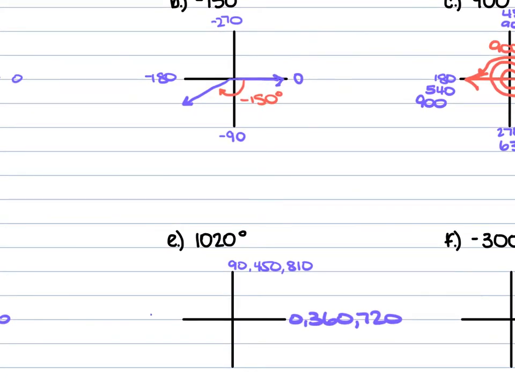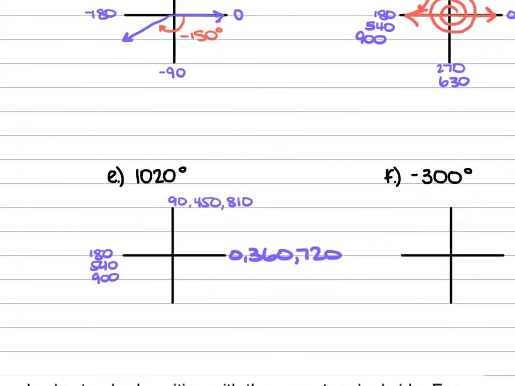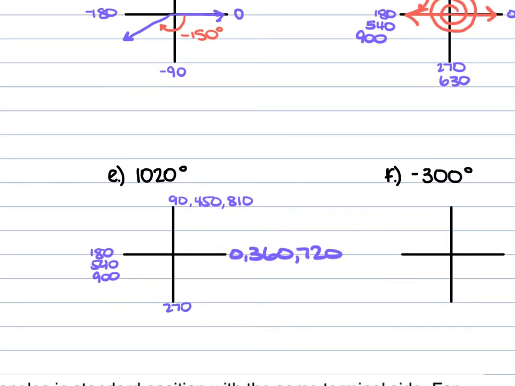For this one, we had 180, 540, and 900. Down here, we had 270 and 630. If we added the 90 to the 900, that's 990. And then the 990 plus 90 gives us 1080. So now over here is 1080.